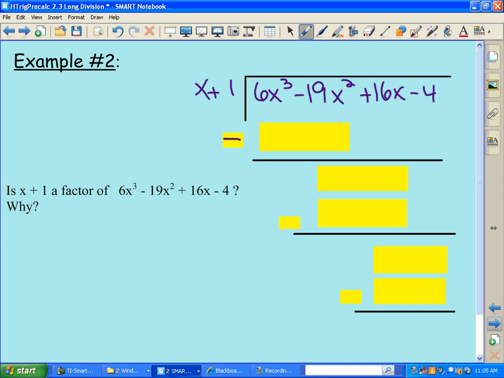Just be careful when you're subtracting. You have to remember that that minus sign distributes to both of those terms.